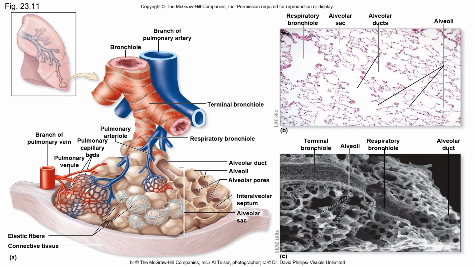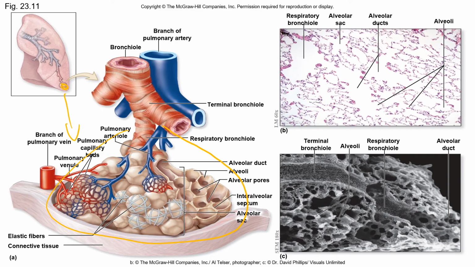If we look all the way down into the lungs, we find that they break into these structures called lobules. That's a lobule of the lung, and that zooms out to look like this if we zoom in tremendously.